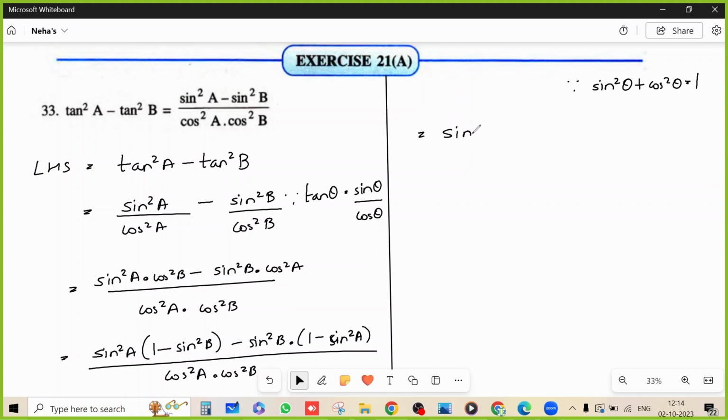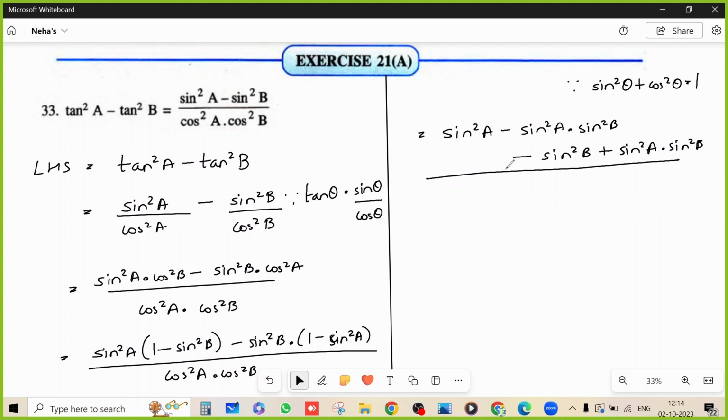So this will become sin square A minus sin square A into sin square B minus sin square B plus sin square A into sin square B, which is divided by cos square A into cos square B. Minus sin square A into sin square B plus sin square A into sin square B will get cancelled out.